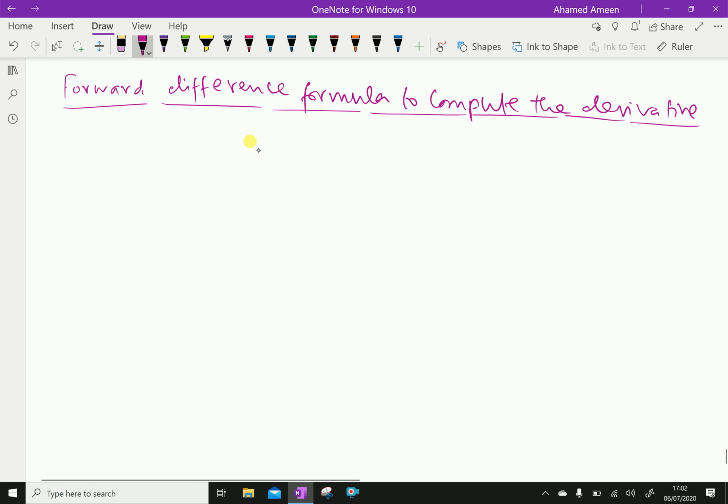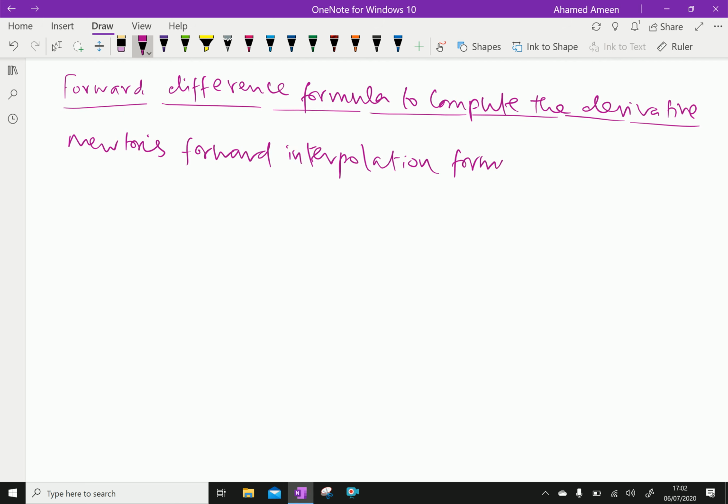Here, Newton's forward interpolation formula, that is f of x0 plus rh. Here, instead of n, we are using r for convenience.